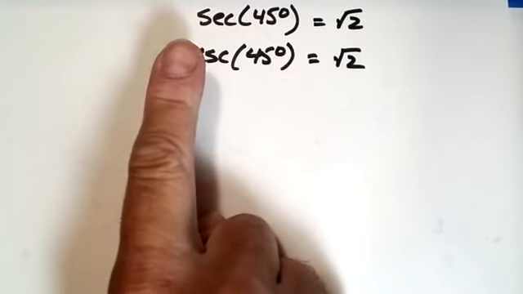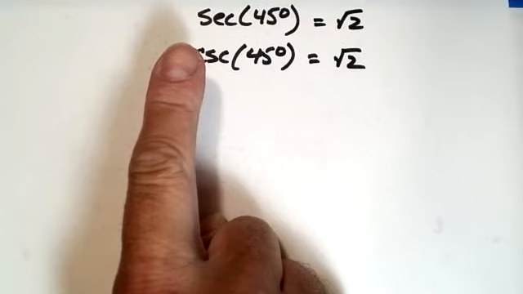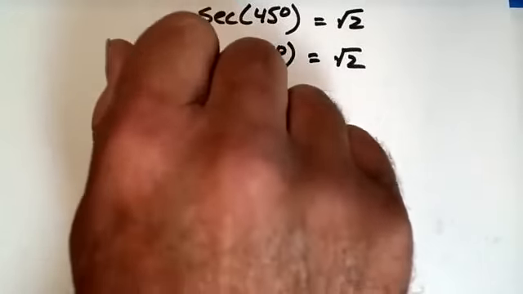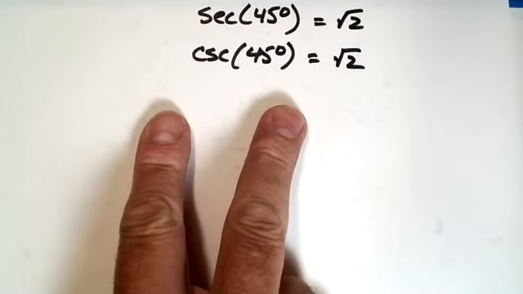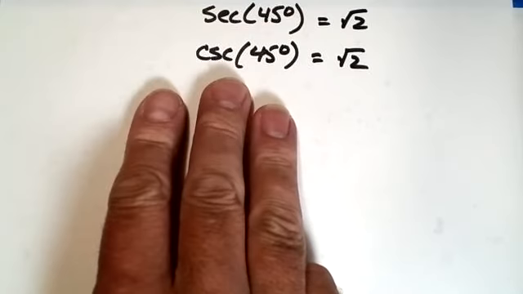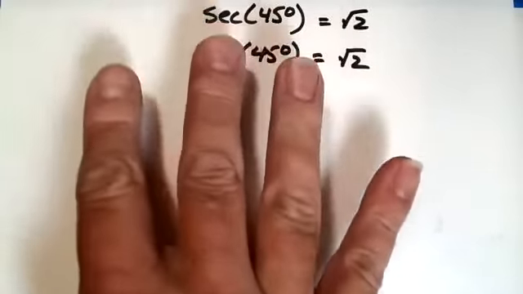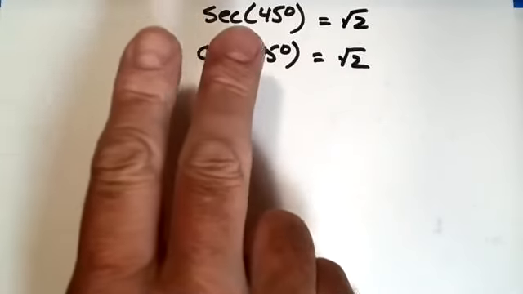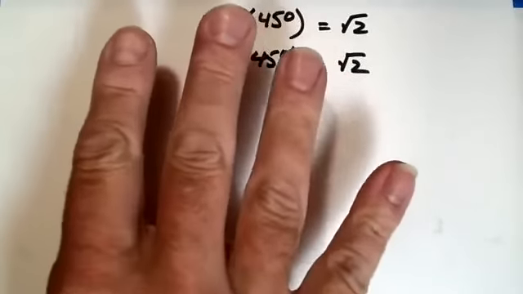This is 1, which represents 30 degrees. The next highest angle I have is 45 degrees, 60 degrees, 90 degrees. So 0, 30, 45, 60, 90.